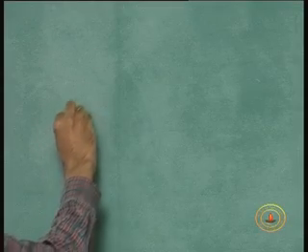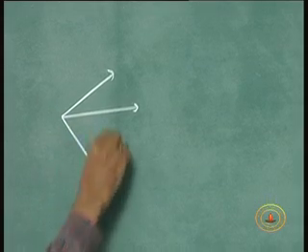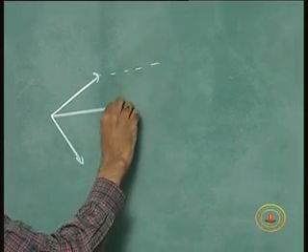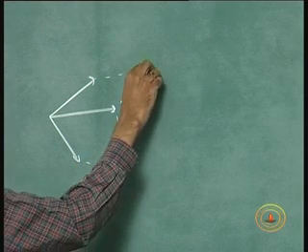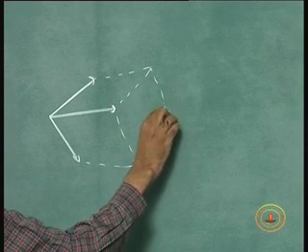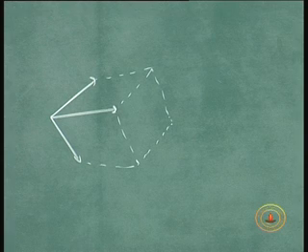So, they will point in various different directions, and you can draw a three-dimensional structure using these three vectors. And what this tells you is nothing more than the volume of this parallelepiped.